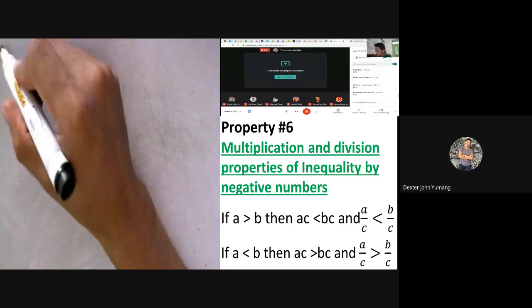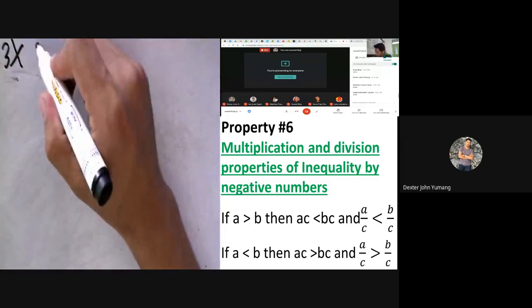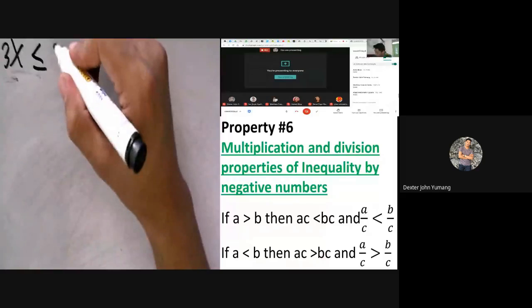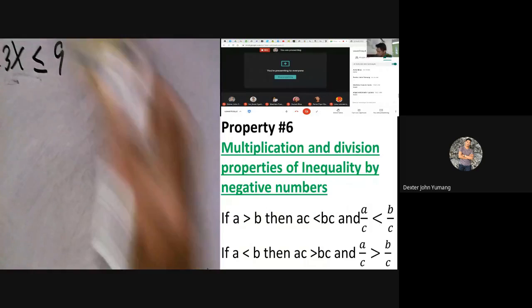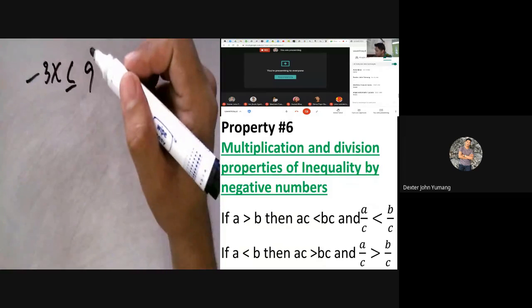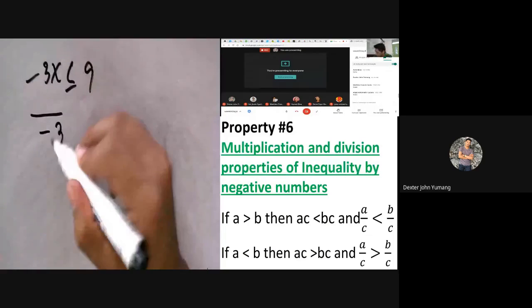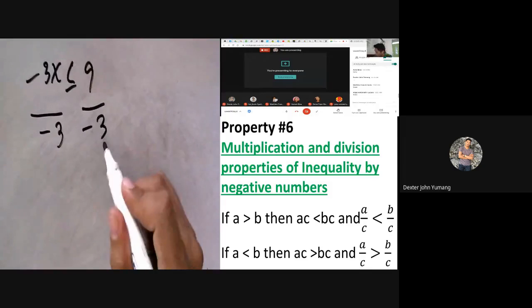Like this, negative 3x less than or equal to 9. Look at that one, that is negative 3x less than or equal to 9. Kapag negative po yung number, i-divide mo na sa negative 3, tama? And what is divided on the left side will be divided on the right side.